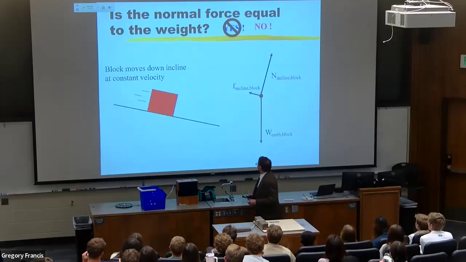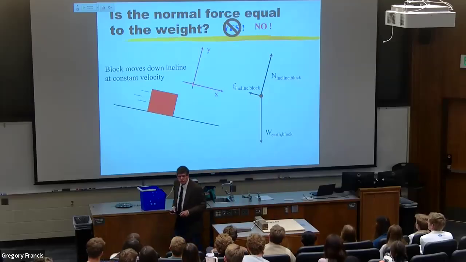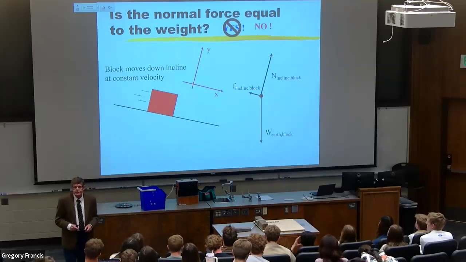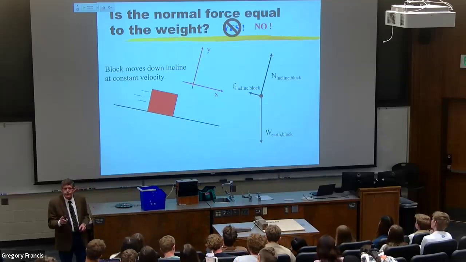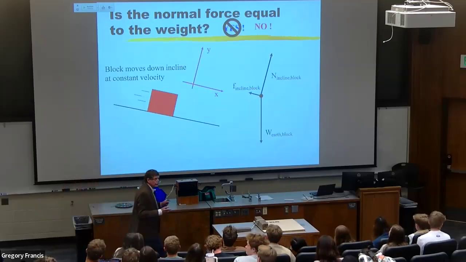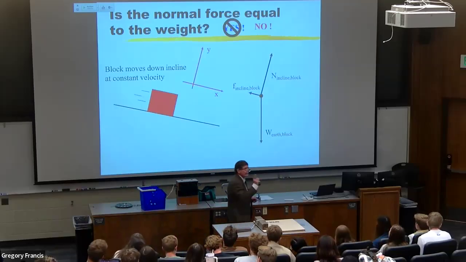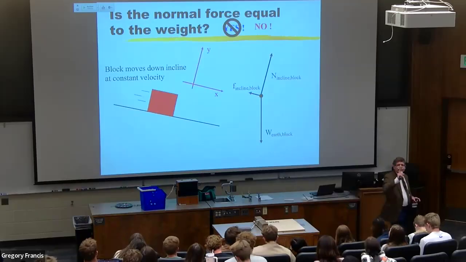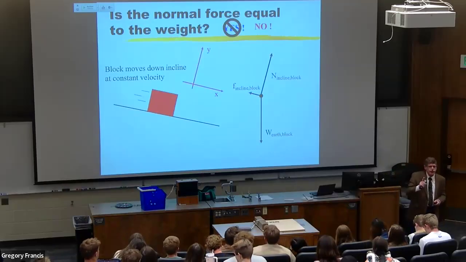You have to tilt your coordinate system to line up with the hill or the ramp or the incline. And if you do that, all of the forces in your diagram are going to line up with either the x axis or the y axis, except for one. But it's always the same one. It's always that weight force every single time.